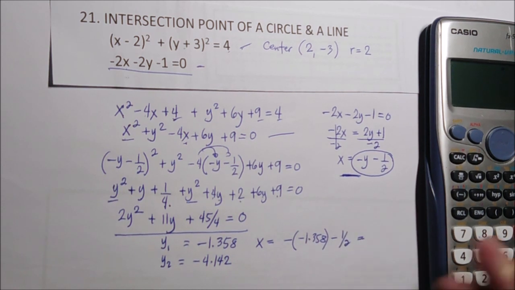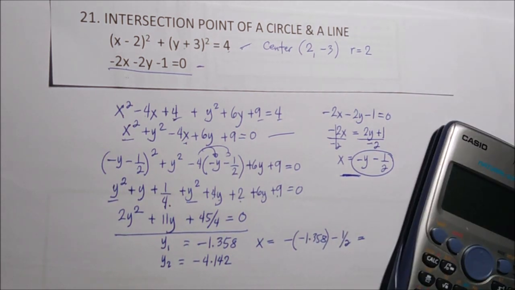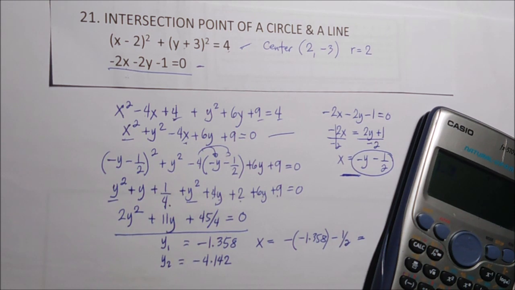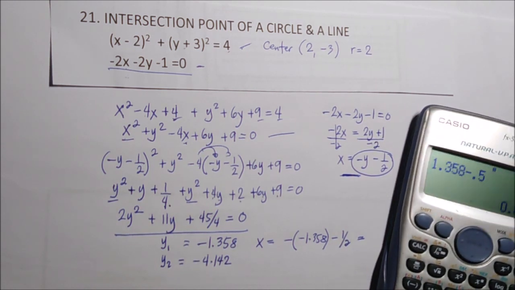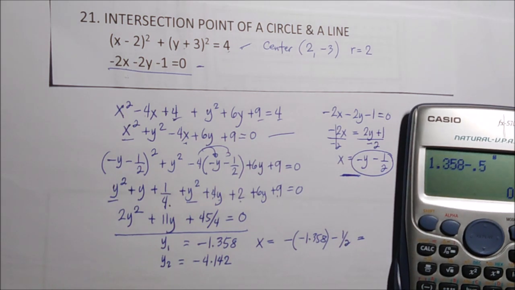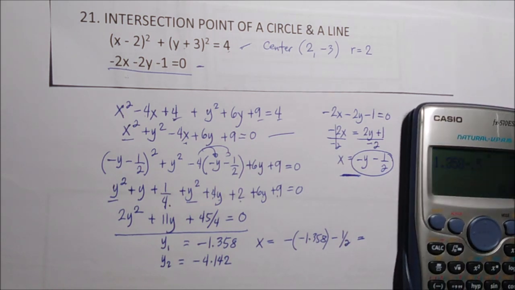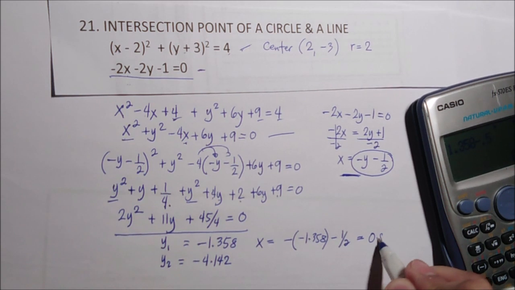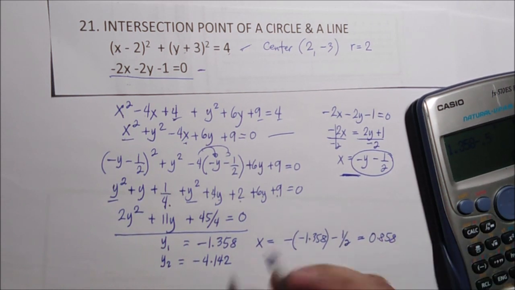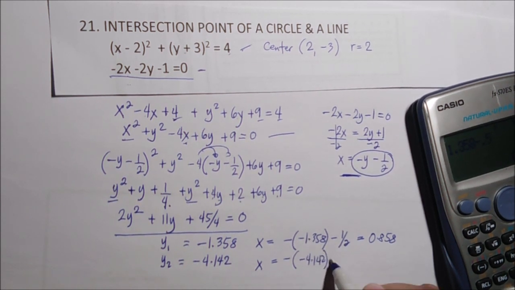So it will become 1.358 minus 0.5, which is 0.858. The other one: x will be negative of −4.142 minus 1/2.